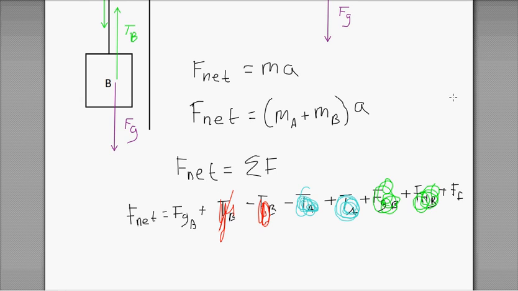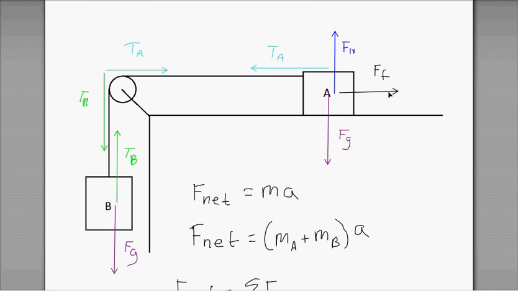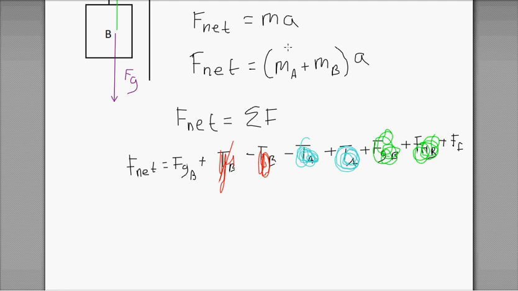So if we come up here, we'll see that these two cancel out, these two cancel out, and these two cancel out. That leaves us with simply F net equals FGB minus, we'll say plus, FN or FF.